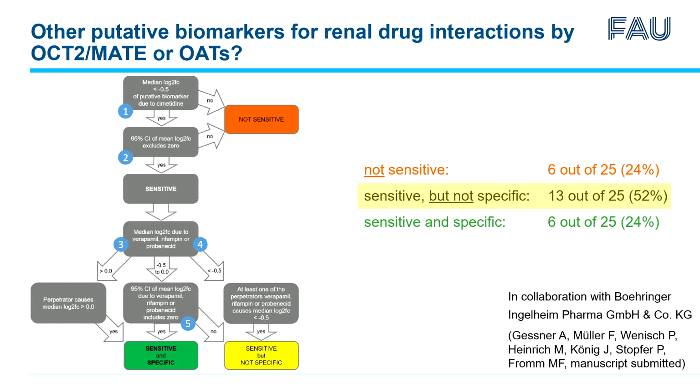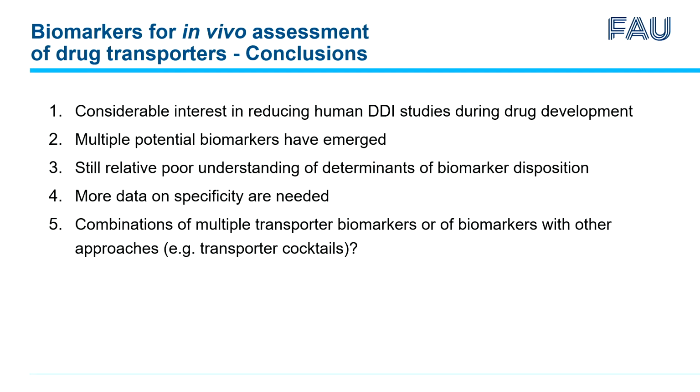These data are not published yet, and we hope to share further information on this issue in due course. So taking together, I would like to conclude, we have certainly a considerable interest in reducing human DDI studies during drug development. There is a really large amount of literature around now, also coming from metabolomic studies, on potential biomarkers.